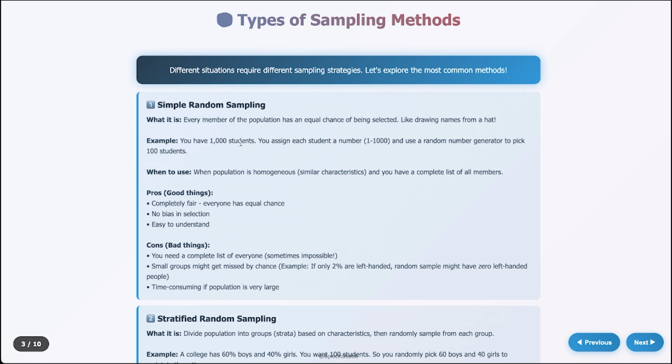So all the girls may not get the equal chance of being selected, because if you see the ratio, there are 70% boys and 30% girls. So girls might get missed in the samples. Okay, and this strategy is time consuming if your population is very large.